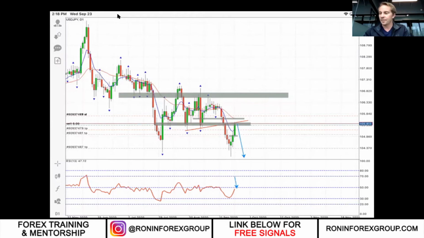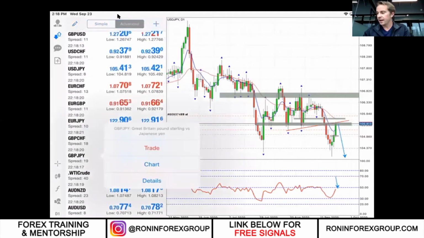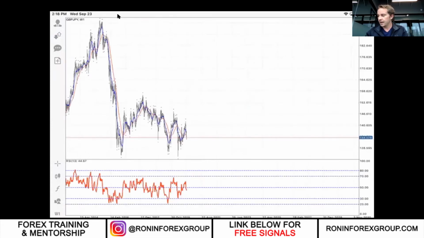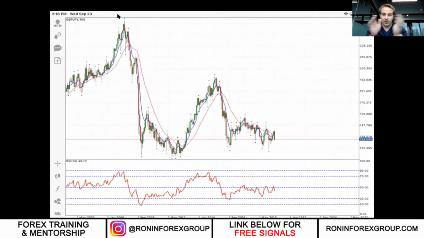So let's take a look at GJ, since we had a question on that, and just look at it in terms of where we're going moving forward. First of all, I think the pound is super bearish right now. And what I like to do, here we are on the monthly chart.